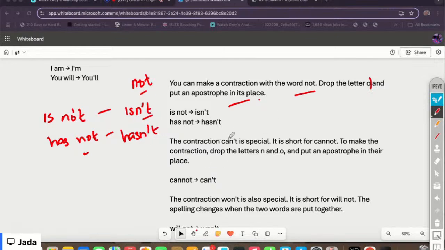Okay, so contractions can be special. For example, the contraction can't is special. This can't here is short for cannot. So when you have cannot, it becomes can't here.